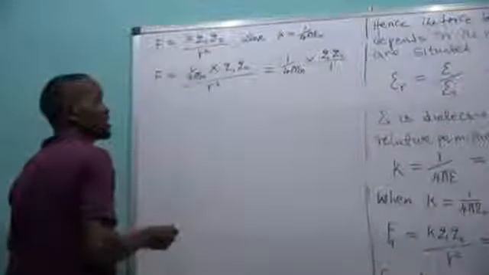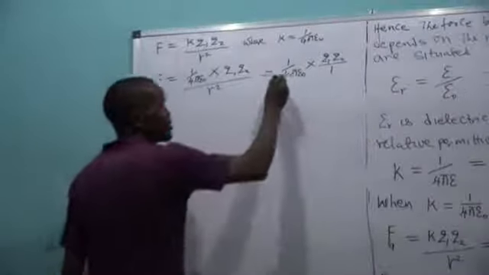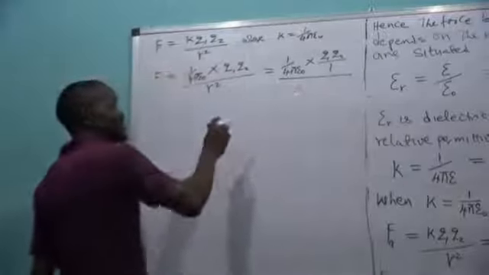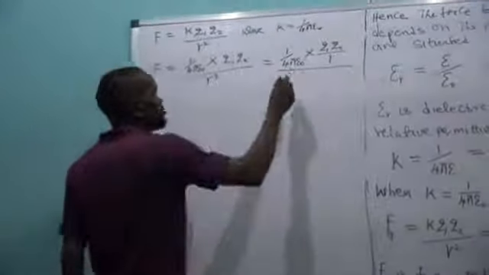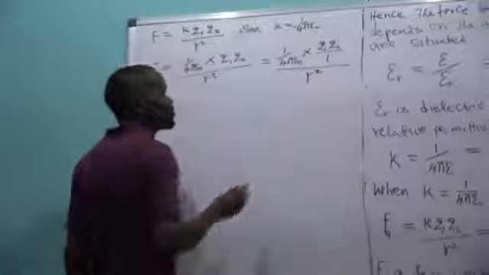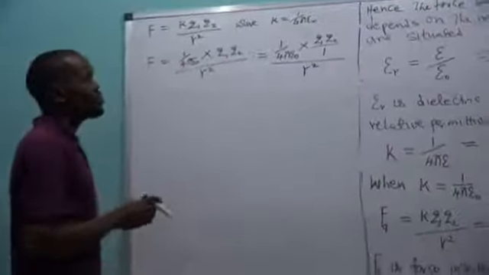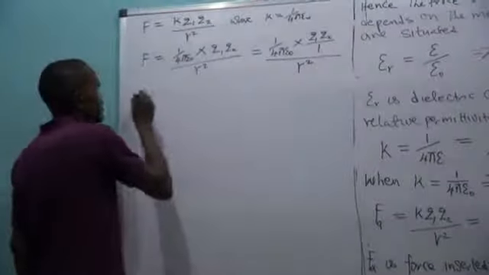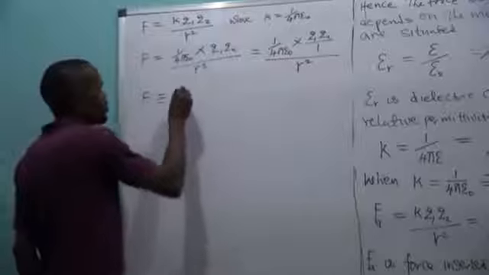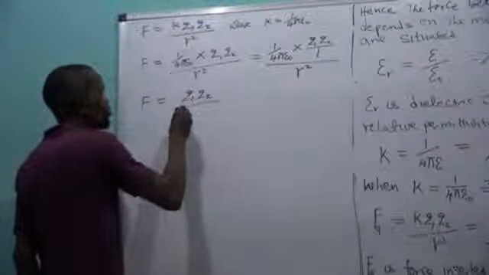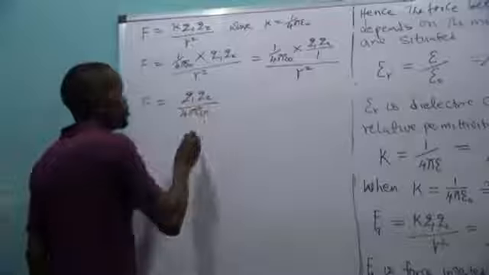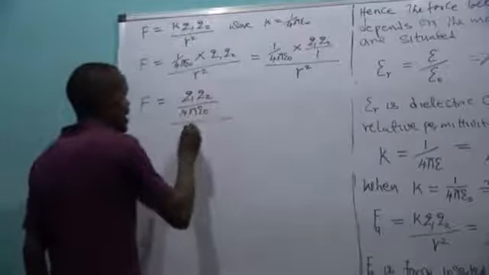You remember what we said, that anything you write is divided by 1. That's what we learn in math. R squared, then F equals Q1 Q2 all over 4 pi epsilon O divided by R squared.